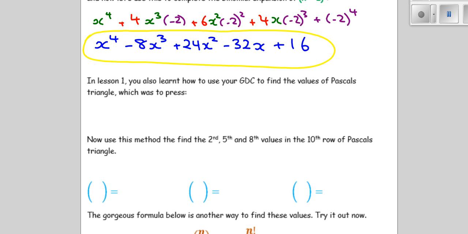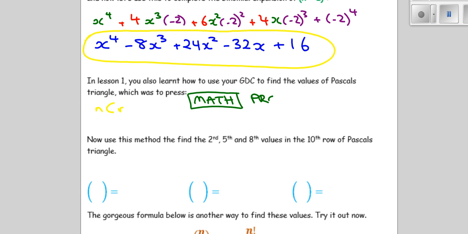In lesson 1 you also learnt how to use your GDC to find the values of Pascal's triangle, the NCR things. What do you press again? Maths, yeah. Then where do you tend to go? Prob, yeah.